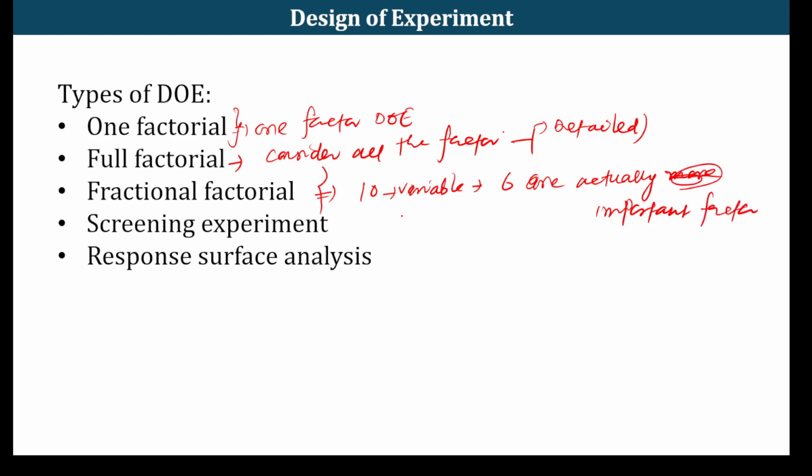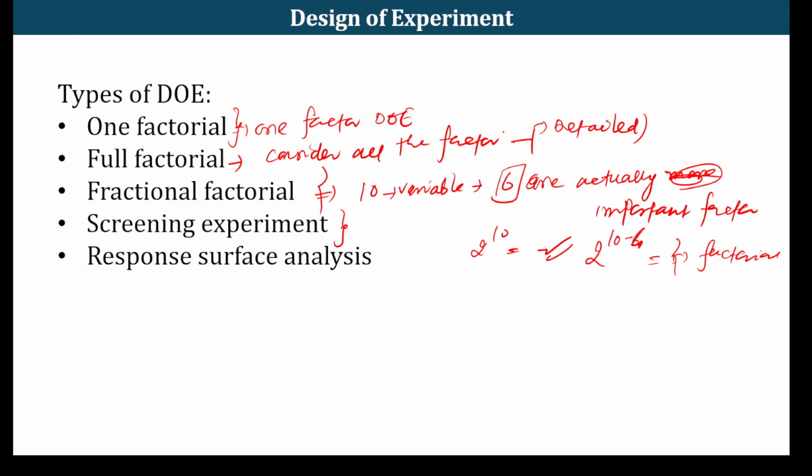If we do it for all 10, 2 to the power 10, it becomes a large number of experiments we have to do. But actually only 6 matter. So we have to discard whatever is not needed, 10 minus 6, or 10 minus 4. That part is the fractional factorial. The unnecessary factors that are not going to influence the output too much can be removed through the fractional factorial experiment.